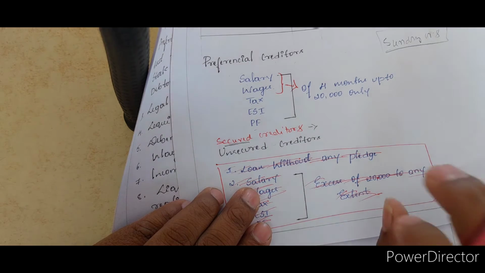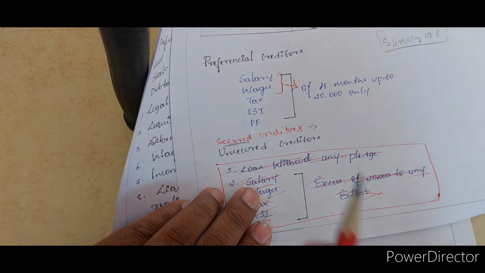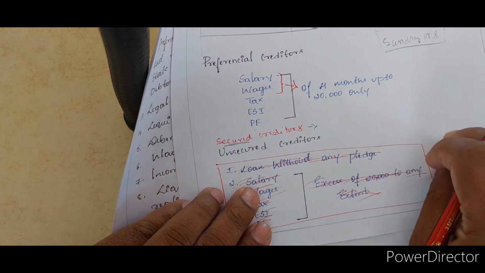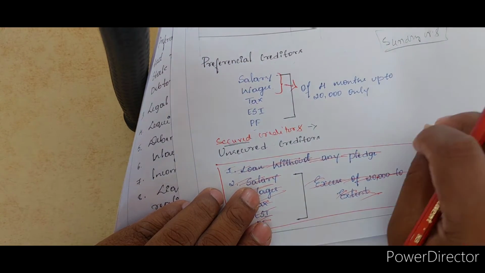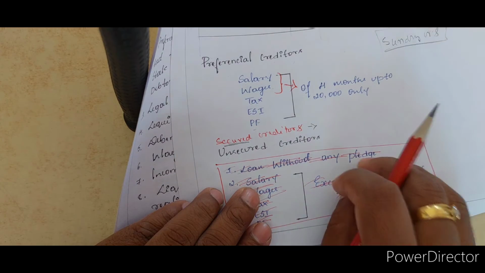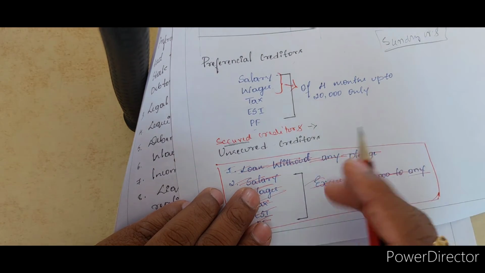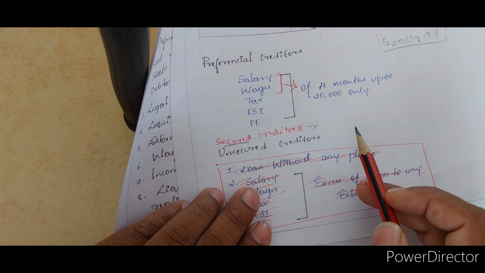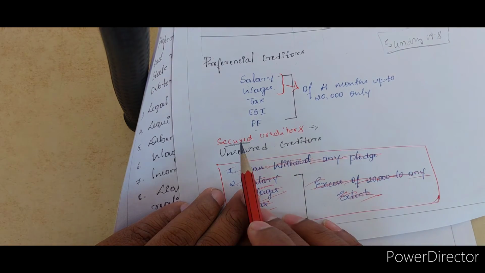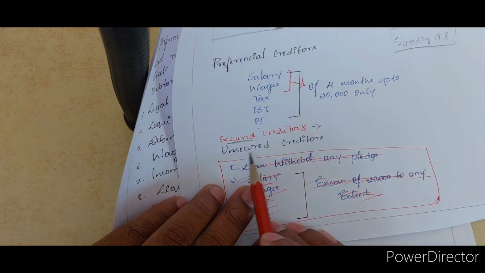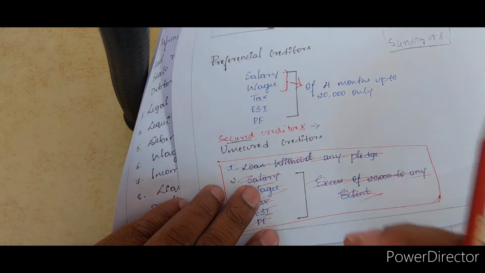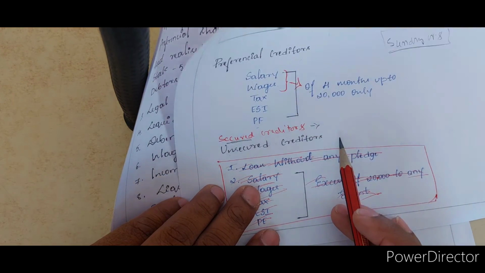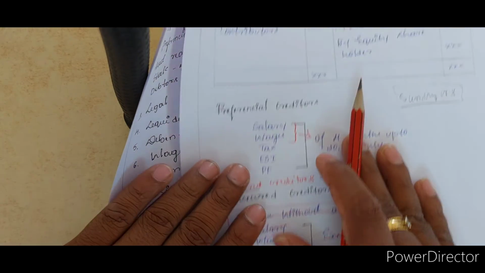Ramesh is not willing to give you the loan unless you pledge your building or gold, anything. If you have pledged such assets and received the loan, then the loan from Ramesh will be called a secured creditor. And unsecured creditors is nothing but taking a loan without pledging any valuable assets. This is what you need to keep in mind.